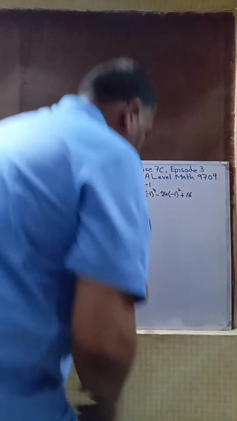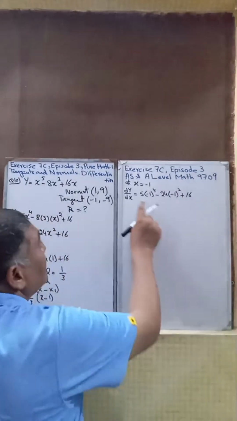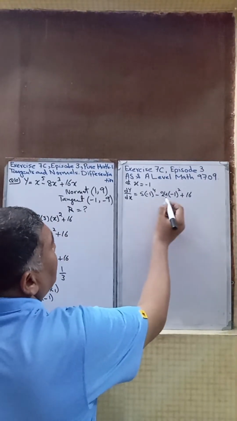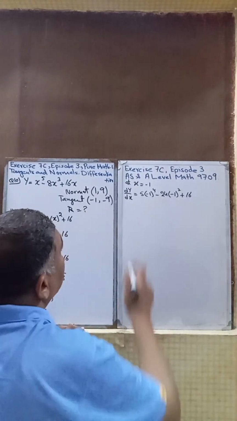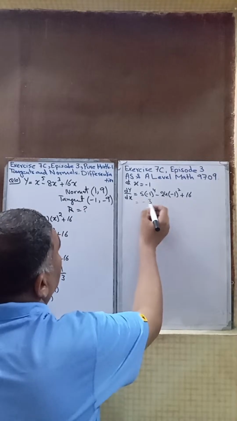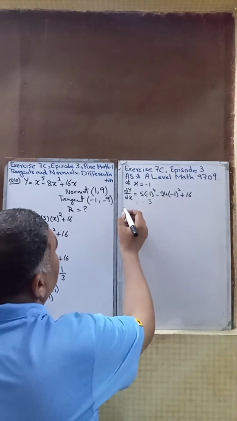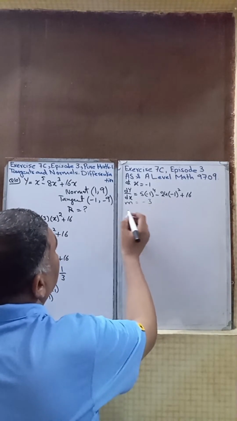So this will be 5 minus 24 plus 16, which is minus 3 again. So this is the gradient of the tangent.